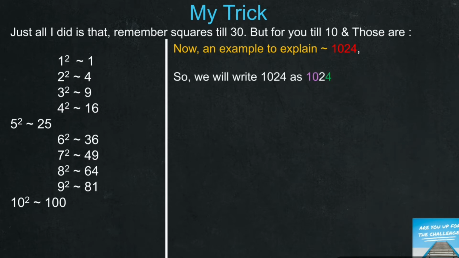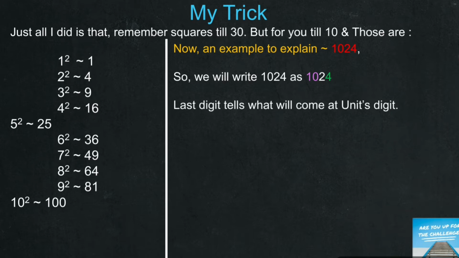So I will concentrate on 4, because this 4 is determined by 2 and 8. How? The last digit of any perfect square is determined by the unit digit of the square root of that number. Like if suppose it was 1021, then definitely I can say the unit digit of the square root of 1021 must have ended with 1 or 9, because if we see carefully, 1 square is 1 and 9 square is ending with 1.